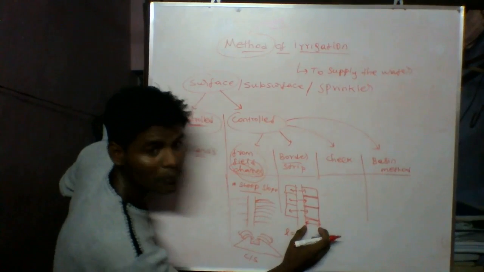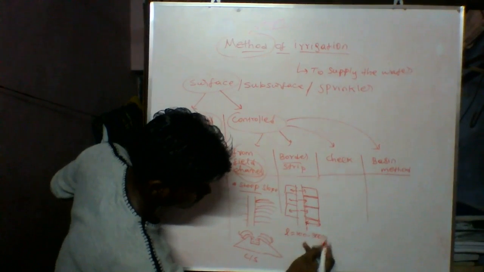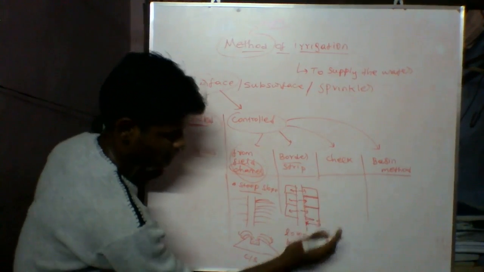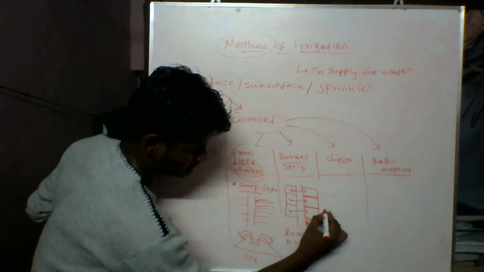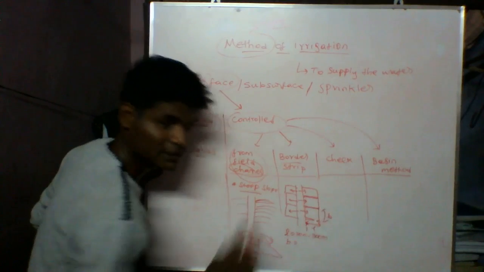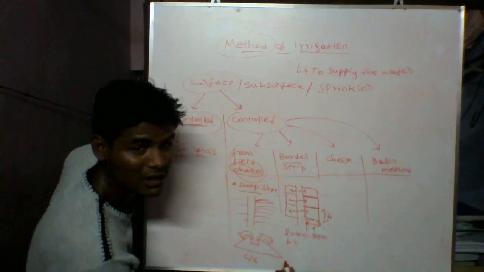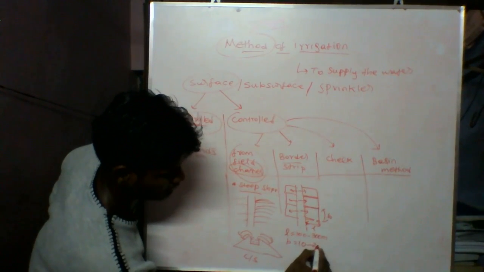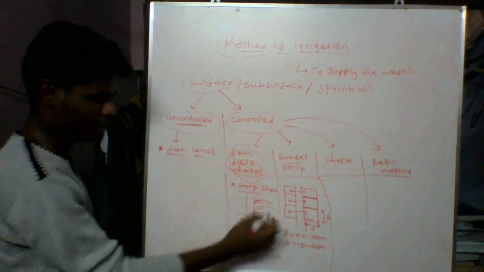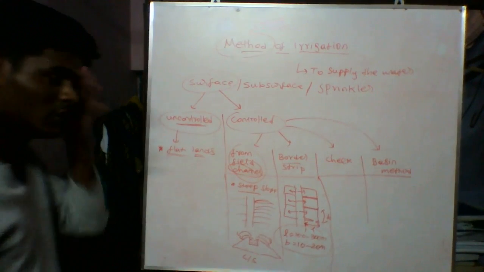The length of the border strip is 100 to 300 meter, and the breadth of the border strip is 10 to 20 meter. This is length, this is breadth. So these two are very important for competitive exams. This is asked in a lot of competitive exams.